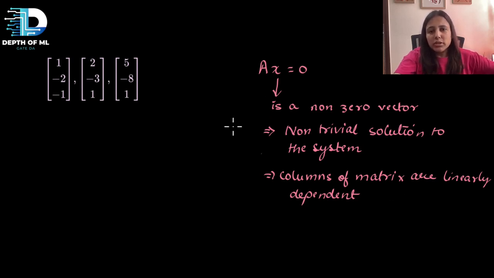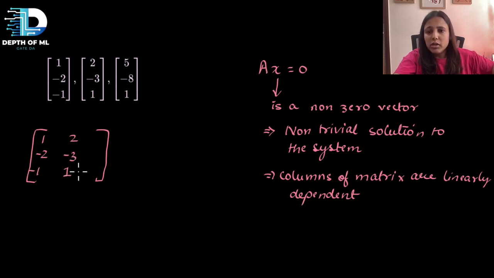I'm going to do a similar setup. I'll assume this is my matrix where I put all three column vectors: 1, -2, -1, 2, -3, 1, 5, -8, 1. I will try to find a vector xyz such that when I multiply this matrix with this vector, I get 0, 0, 0.